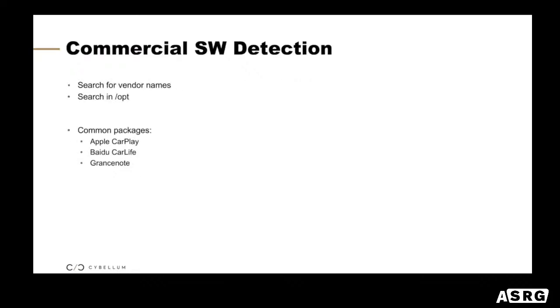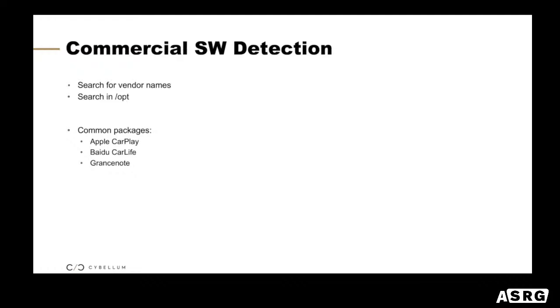Commercial software detection is more tricky because you don't have the source code. You can look for vendor names, you can search in the opt directory, and just by knowing what the component is, you can also use some prior knowledge. For example, in infotainment systems, you commonly see CarPlay or the equivalent Baidu CarLife. Gracenote is a very common library used in infotainment systems.